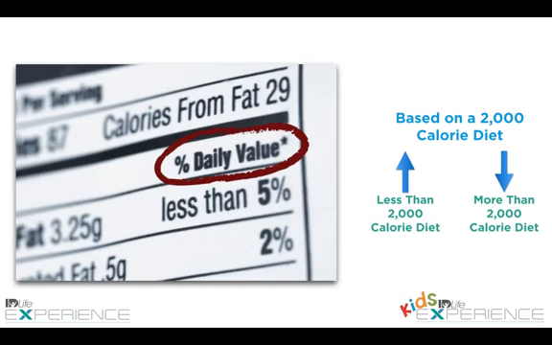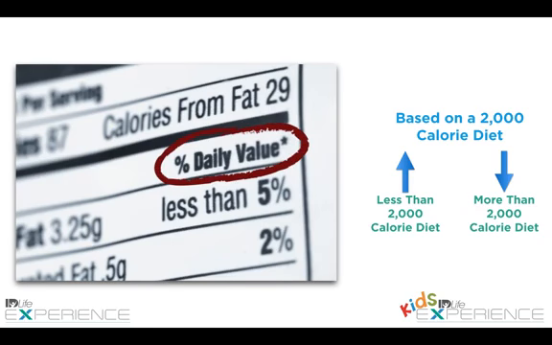And you need to know that, because if you consume more than 2,000 calories a day, the percentage of your daily value should actually go down. If you consume less than 2,000 calories, that percentage daily value should go up. That's right, especially ladies and children.